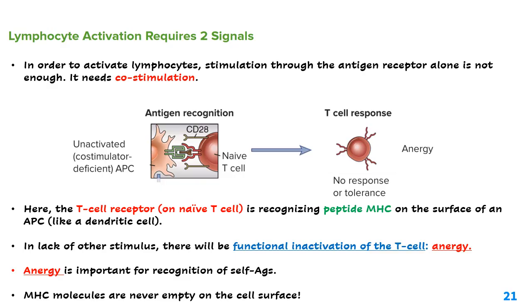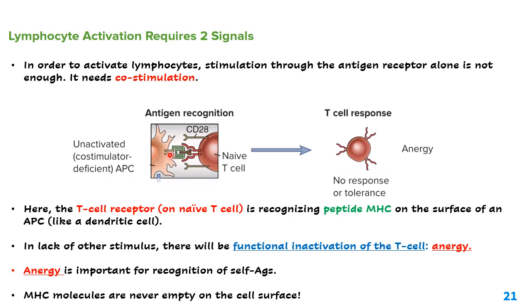So now this idea here on how you activate your naive cells. Here you have your dendritic cell, your professional antigen presenting cell, that is coming with something on the MHC and is presenting to the T cell. But in this case, if you're only presenting something on MHC, that is not enough to activate your T cell.